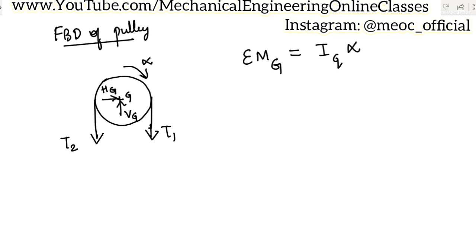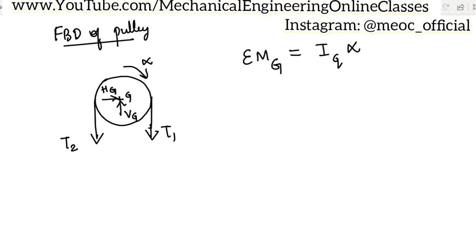Now because on the right side the object is of heavy mass, the rotation of the pulley is in the clockwise direction. So because alpha is clockwise, any moment in the clockwise direction will be positive. So this is the sign convention we have just learned in the previous video.